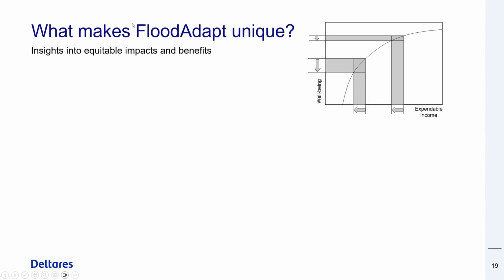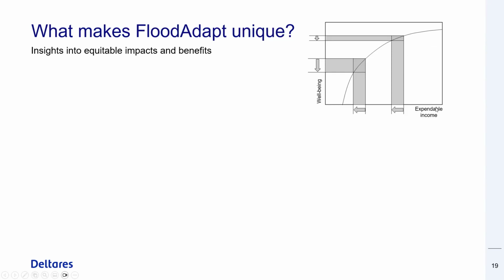And the last one I want to mention that we think is unique and really important is that FloodAdapt has made strides towards including recent advances in how to calculate equitable impacts among communities. So what you see here is a utility curve. This is the concept behind equity methods.